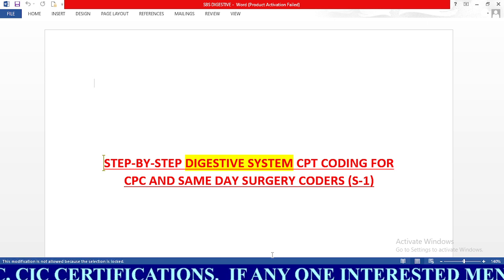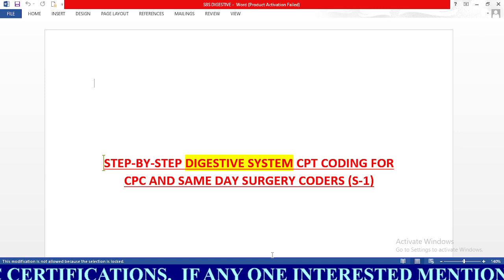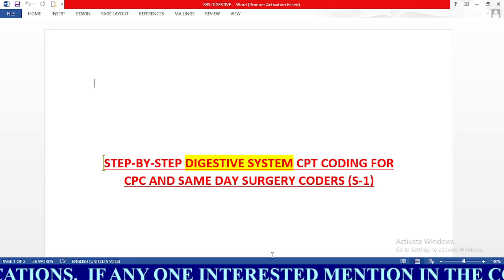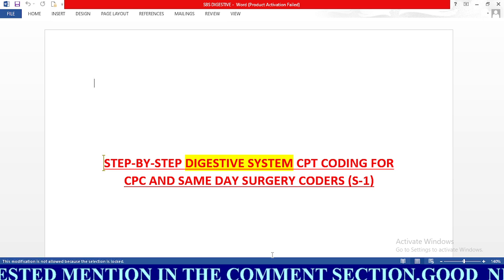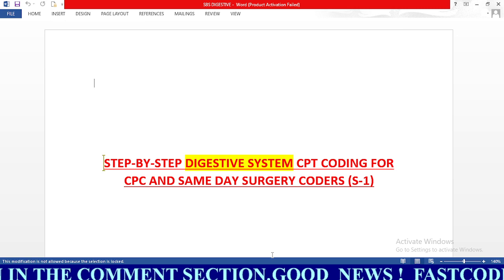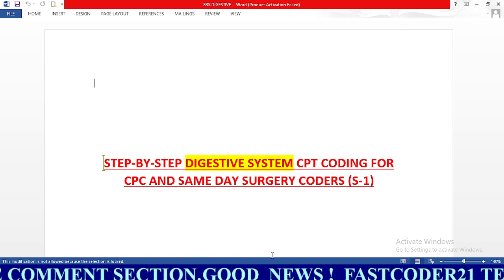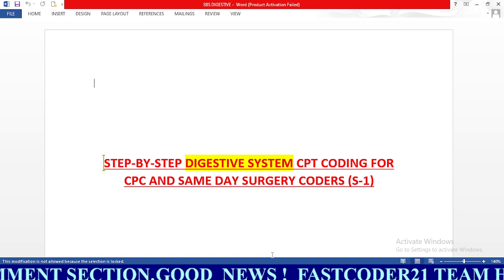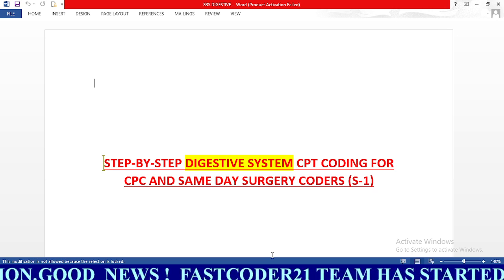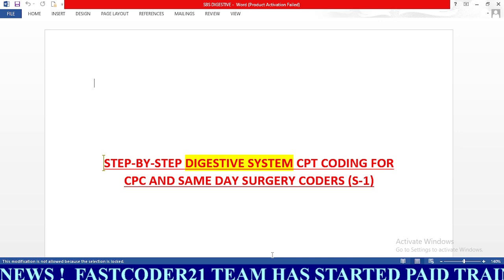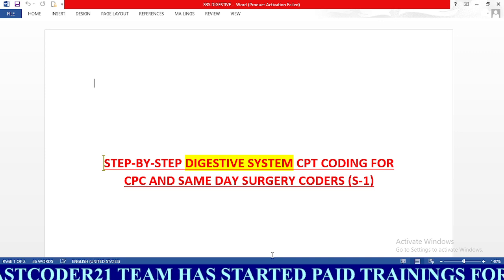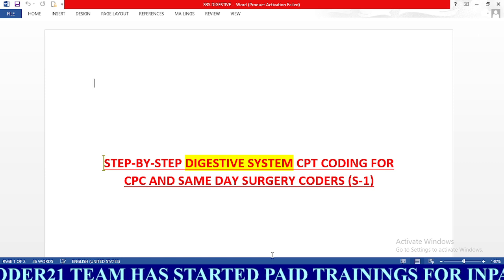In today's session, we are going to learn step by step digestive system CPT coding for CPC and same day surgery coders. In this session, we are going to learn the most important anatomy related to the digestive system, as well as common procedures or common conditions related to the digestive system which need to be rectified by surgery.